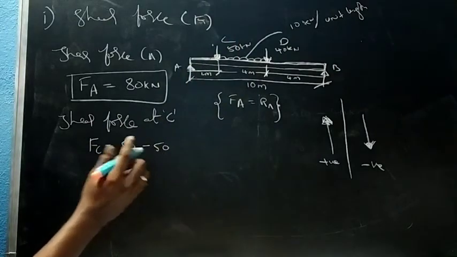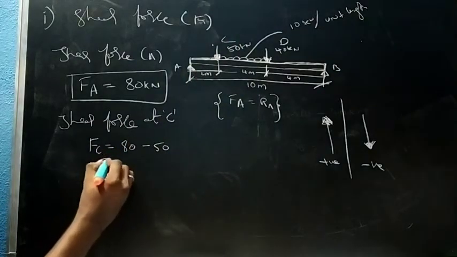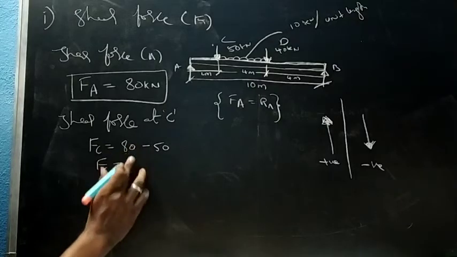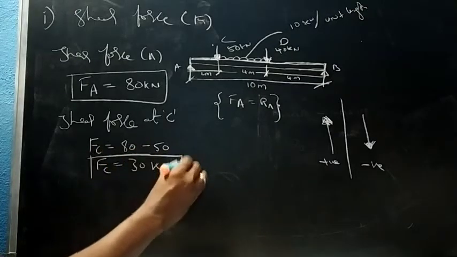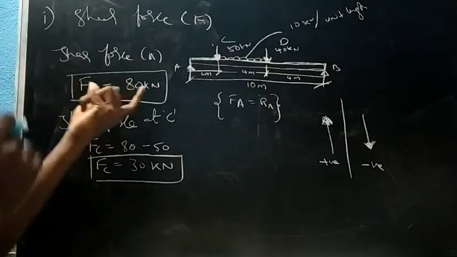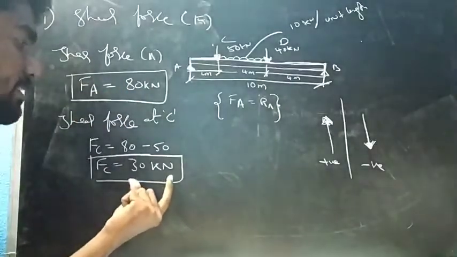So FC I can write 30 kilonewton. So we got FA, that is shear force at A, and shear force at C.